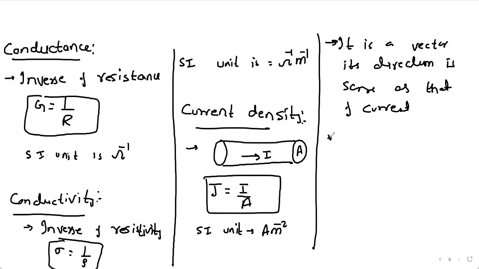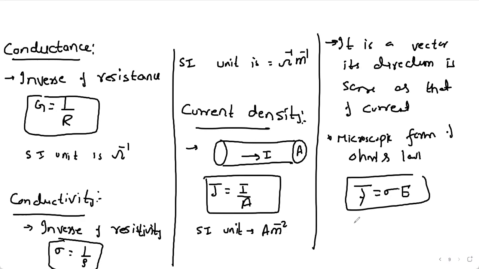There's one more important relation which is known as microscopic form of Ohm's law. That expression is J is equal to sigma E, where J is current density, sigma is conductivity, E is electric field.